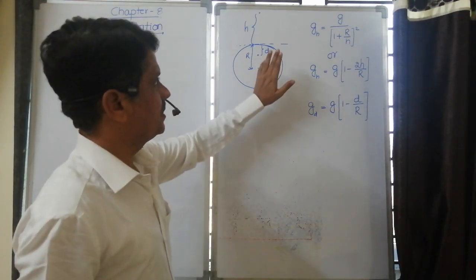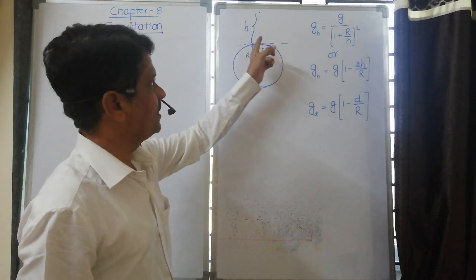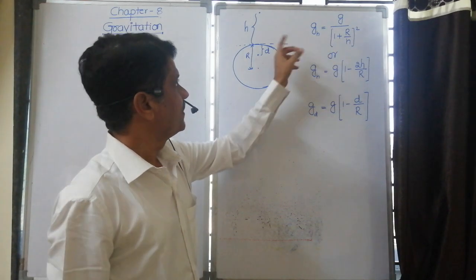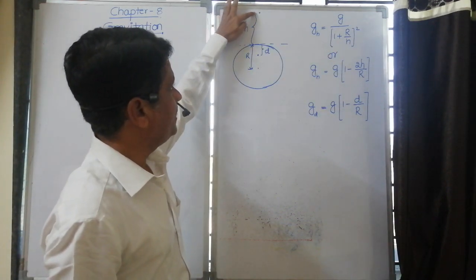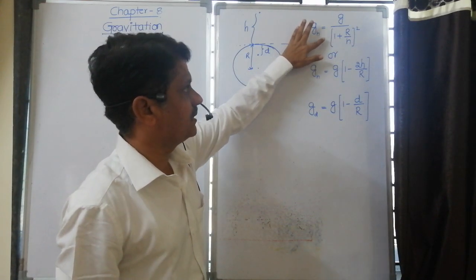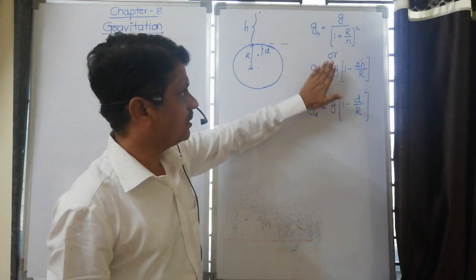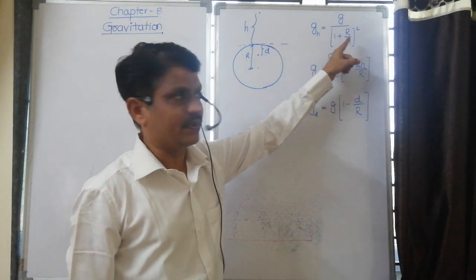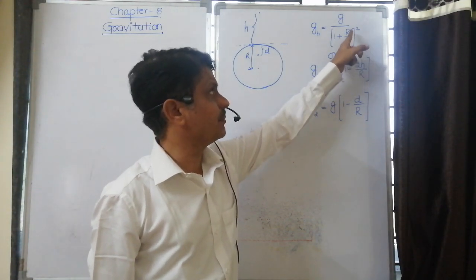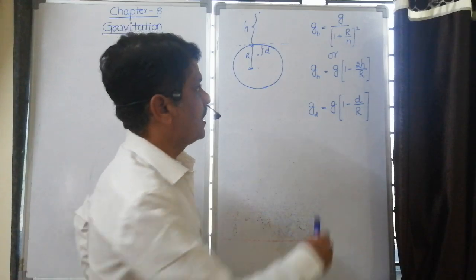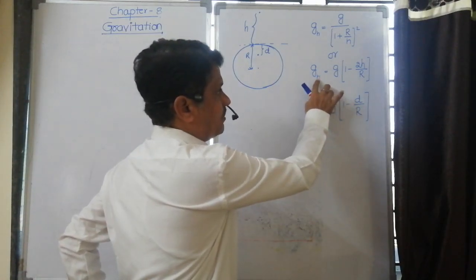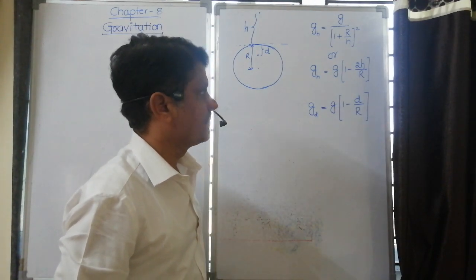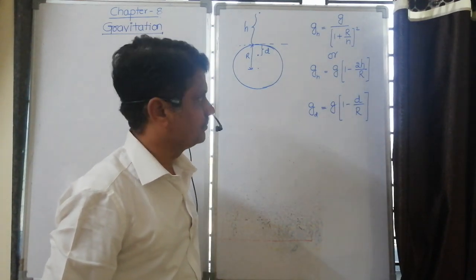In the last hour, we have discussed the variation of g with height as well as with depth. g at a height h is given by this formula or this. It is applicable when h is comparable to r, and this is applicable when h is small as compared to r.